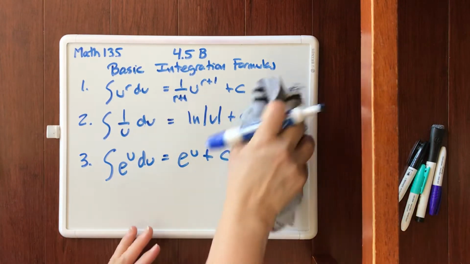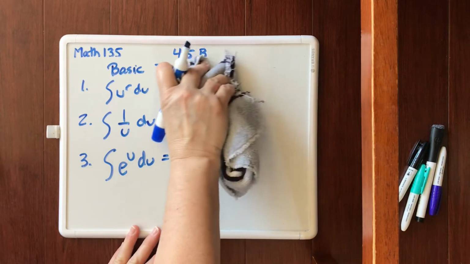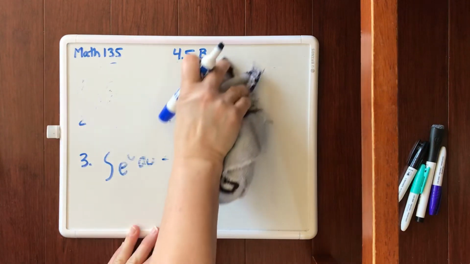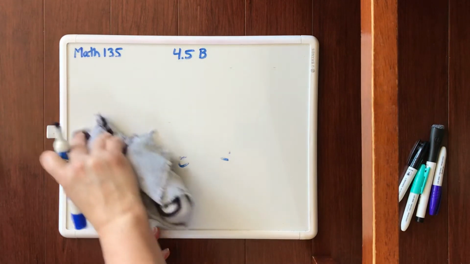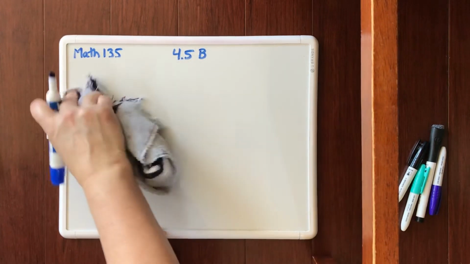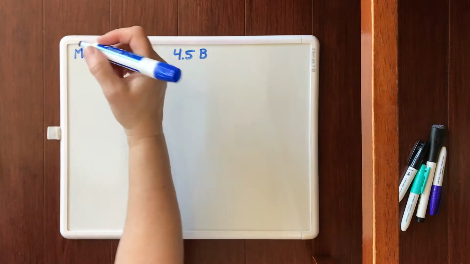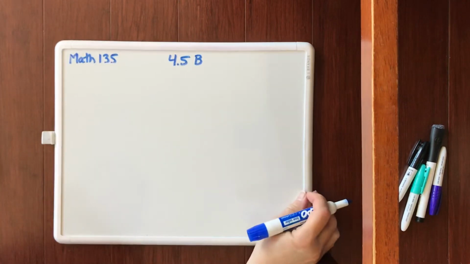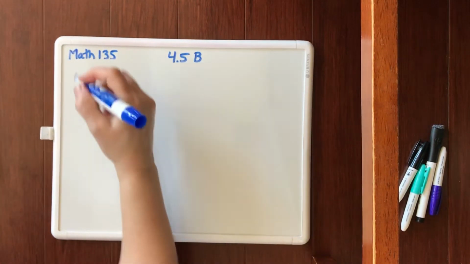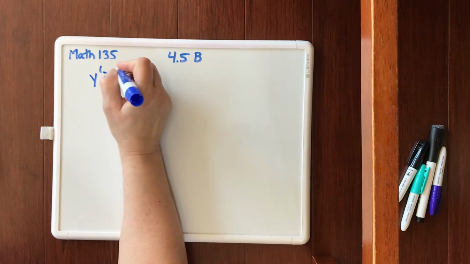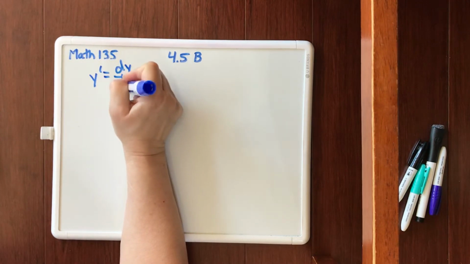Okay, so into our new concept. When we integrate, sometimes we're not able to just simply integrate without manipulating the problem. And so what we're going to do is use substitution for that. Basically, we know that y prime is dy/dx.